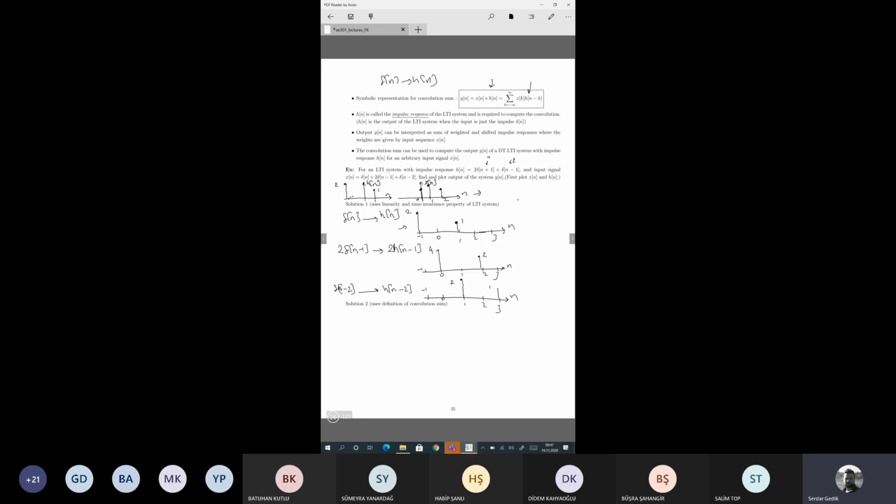So if you sum those signals, note that y of n is simply the sum of those 3 terms. So if you sum them, actually, let me write here. So minus 1, 0, plus 1.